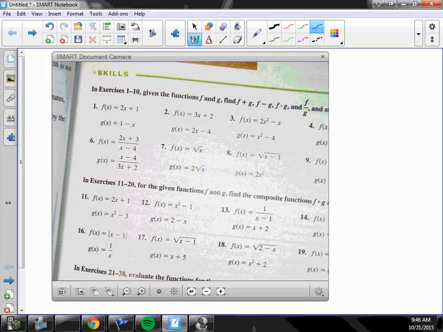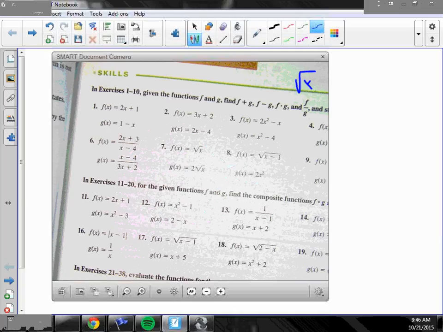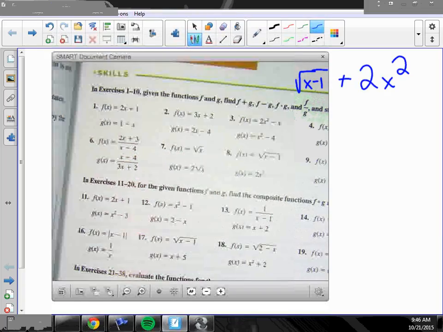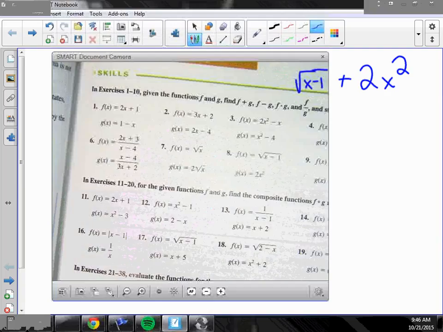Take a look at number 8. If I add those together, square root of x minus 1 plus 2x squared, can I combine those any further? No. What's the domain? Do we have to worry about dividing by 0?